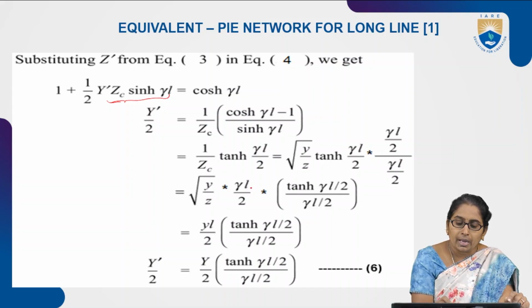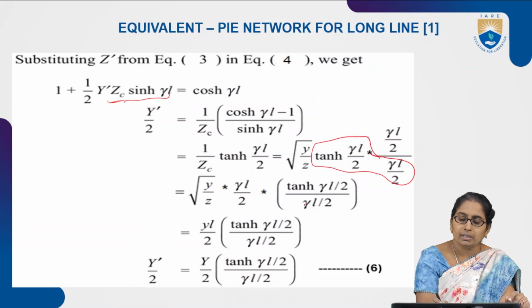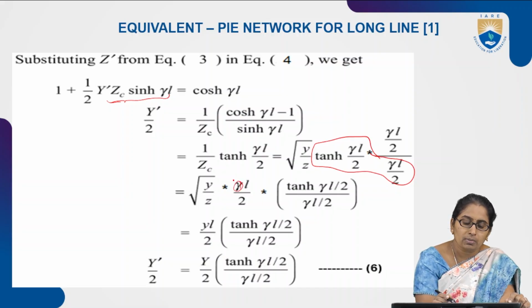So, tanh theta by theta is kept at one place. What is left is square root of small y by z into gamma L by 2. Now, what is gamma? We know gamma is square root of small yz.